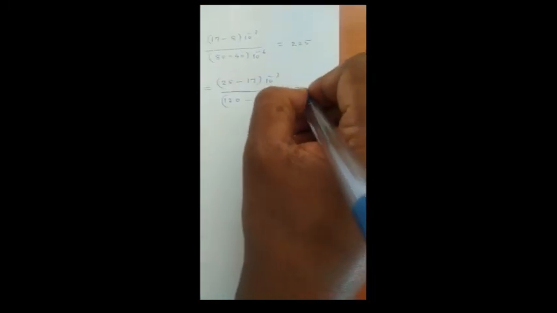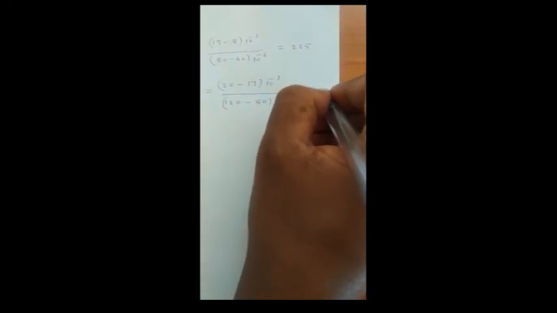When we calculate this, you are going to get 200 for beta 2.